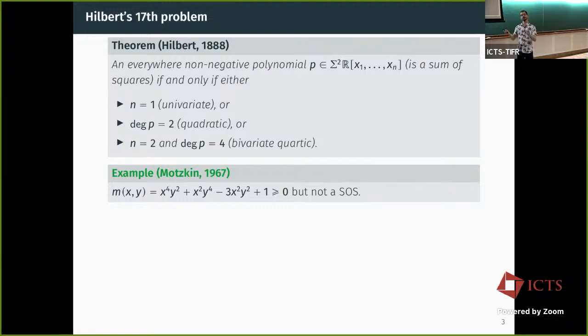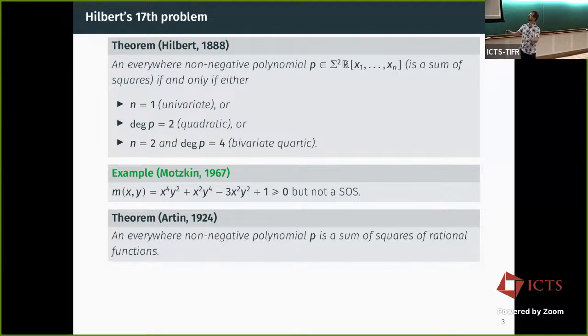What I would like to point out here are the different dates. So this is 1967, this is 1888. Hilbert proved the existence of such polynomials, but he didn't find a single one, which is deceptively simple.